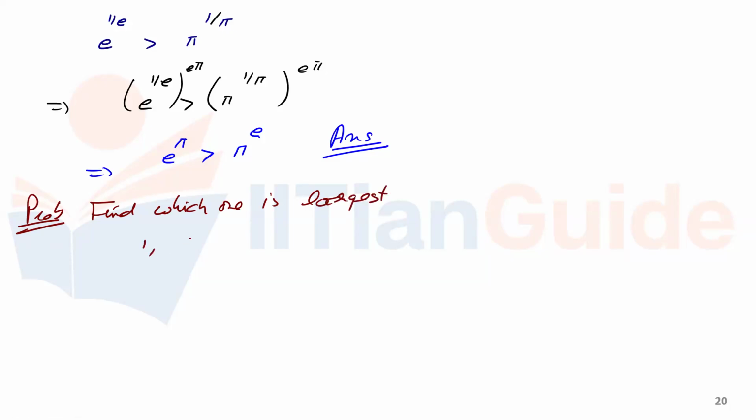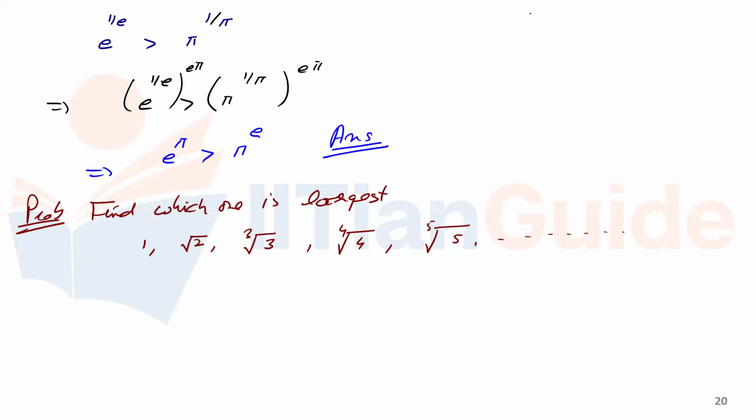Another number I am giving you under root 2. Another number, cube root of 3. Another number, 4th root of 4. Next number, 5th root of 5, and so on. Among all these numbers, which are natural numbers, we need to find which one is the largest. ठीक है ना? Clear? How to do it?